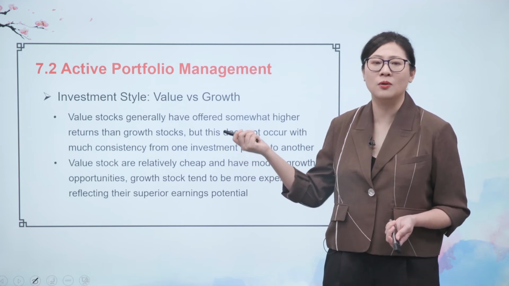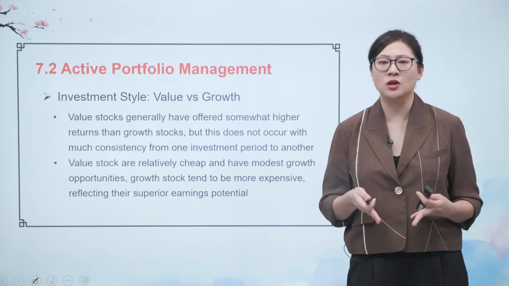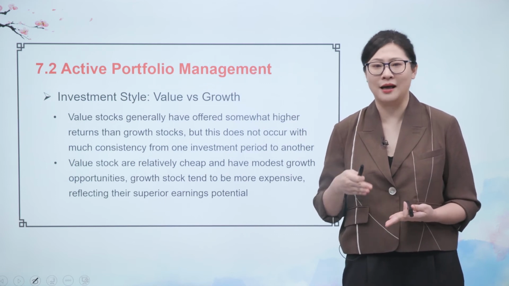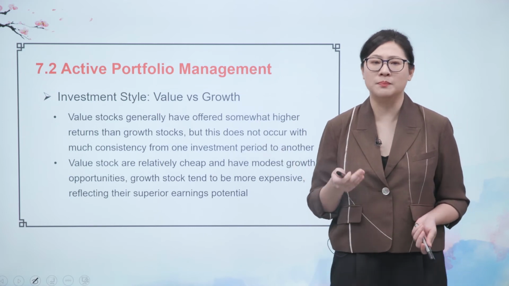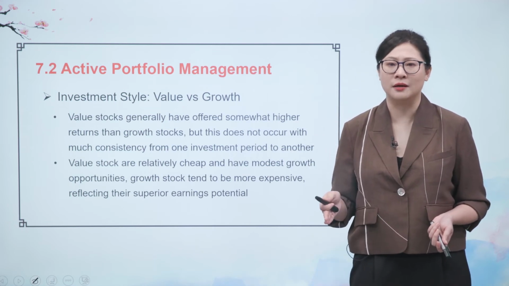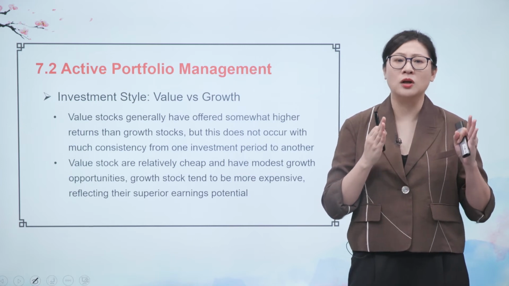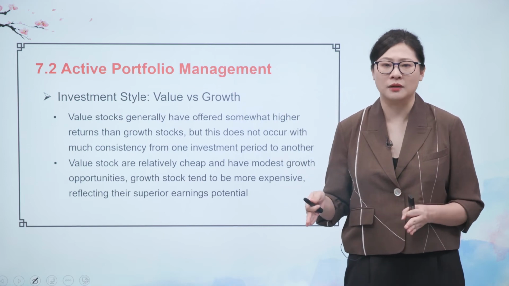So here we know the value stock, which has a lower PE ratio and lower PB ratio, works better, has a higher return. But this does not occur with much consistency from one investment period to another. So in a different period, maybe value stocks do not always work better than growth stocks.